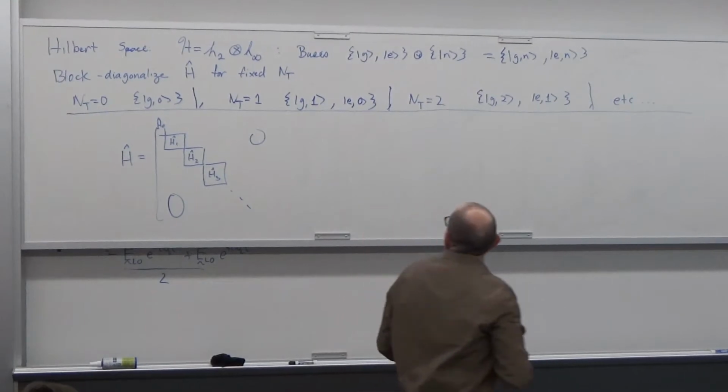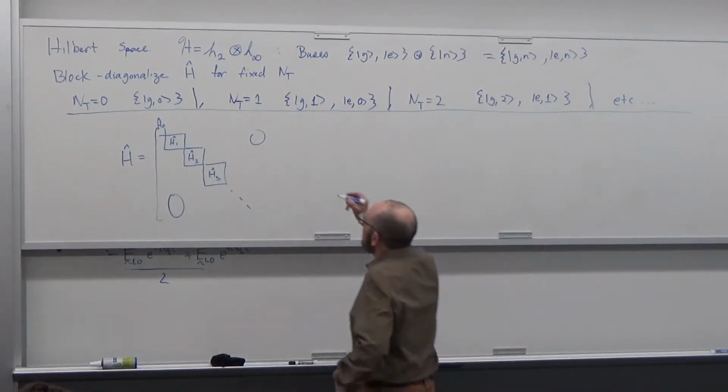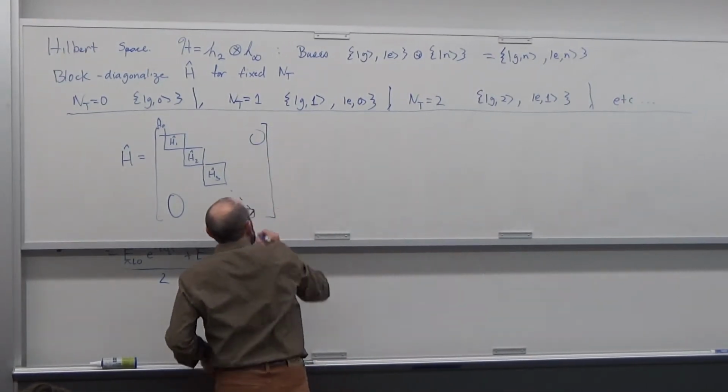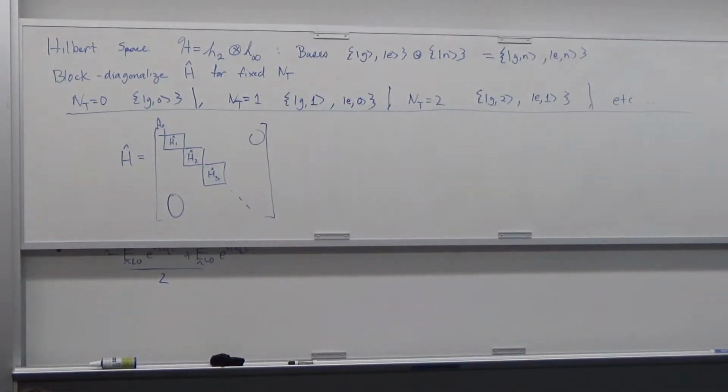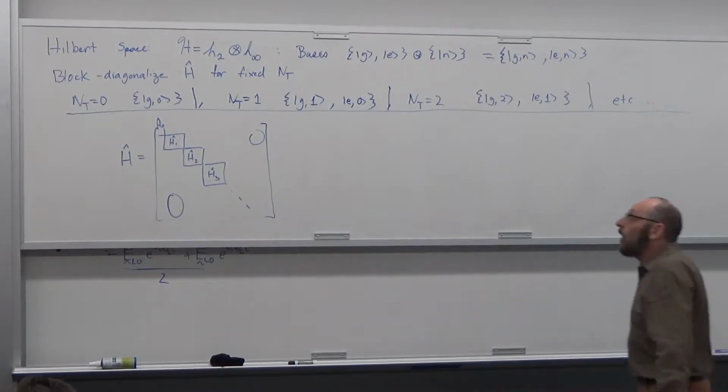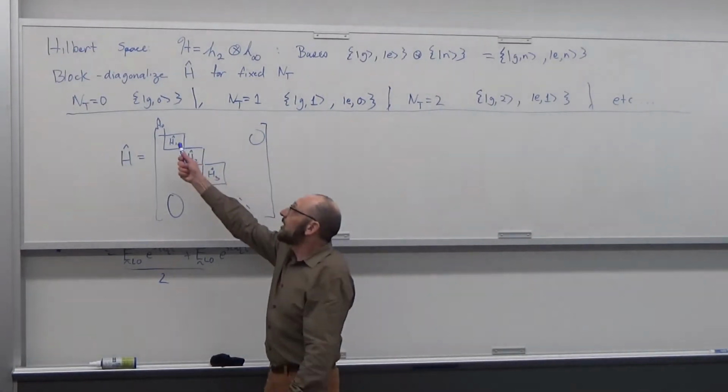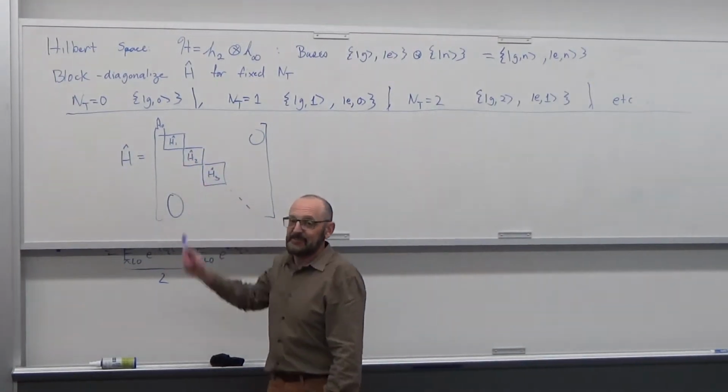Okay? And so in order to find the energy eigenvectors and eigenvalues of the joint atom quantized field system, all I need do now is diagonalize a 2x2 matrix.